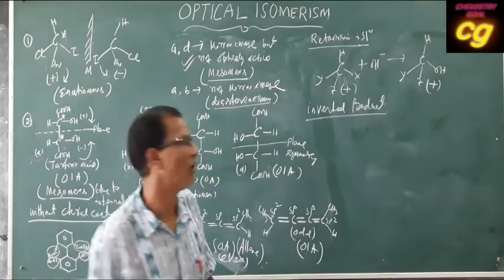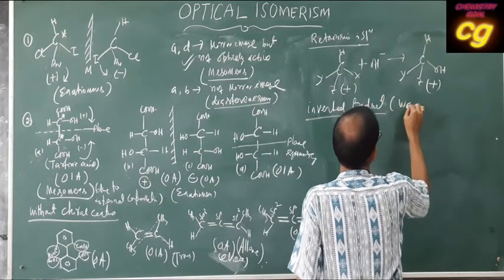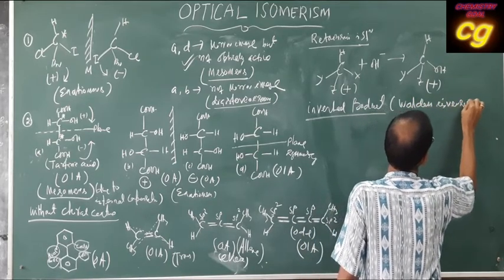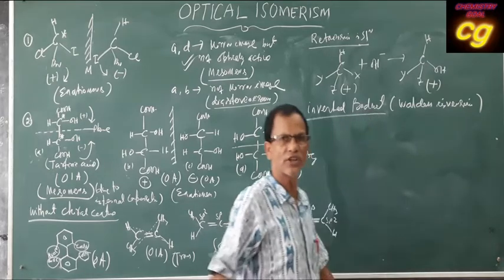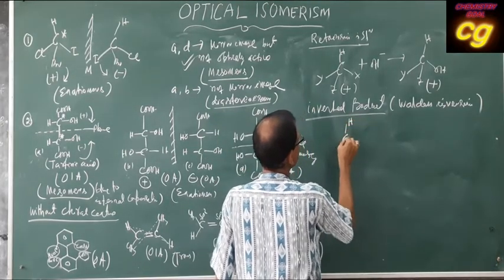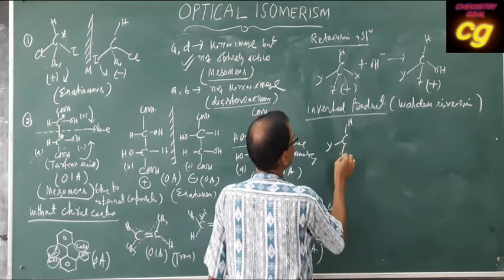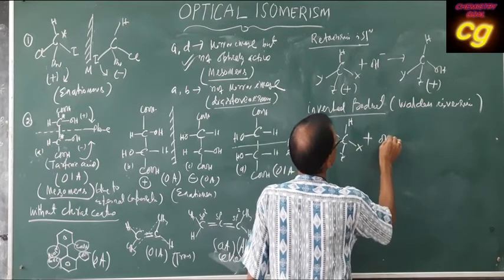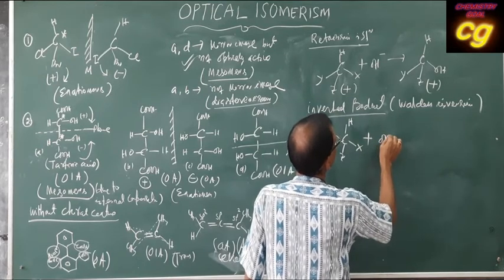The inverted product is called Walden inversion. It means just opposite. Take the same example, C, H, Y, Z and X reacting with, suppose, OR minus.